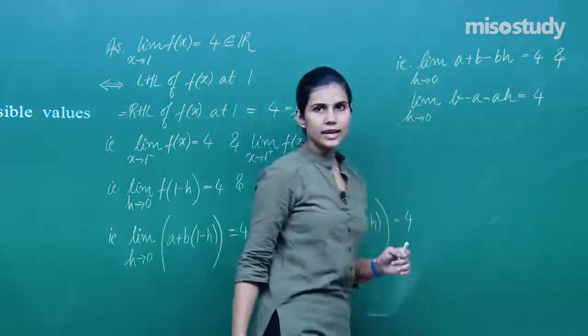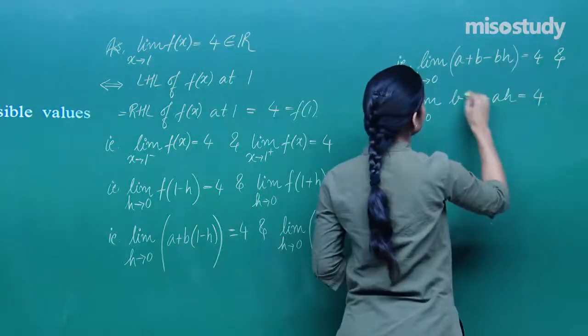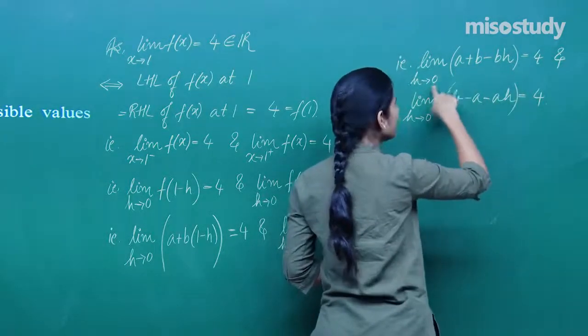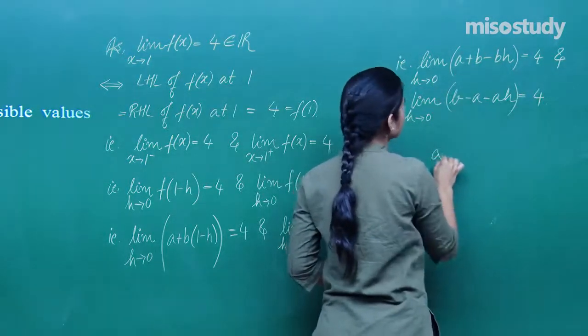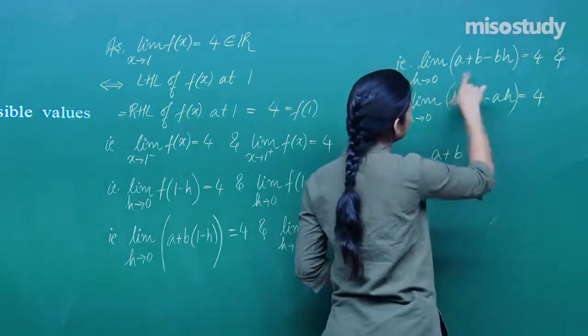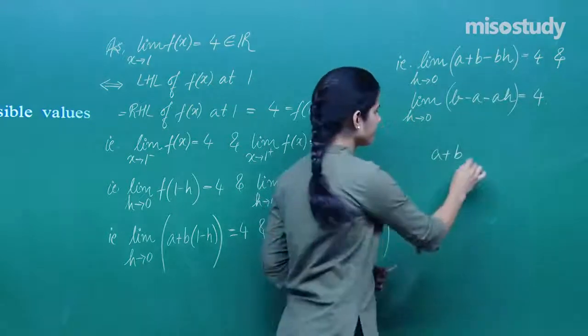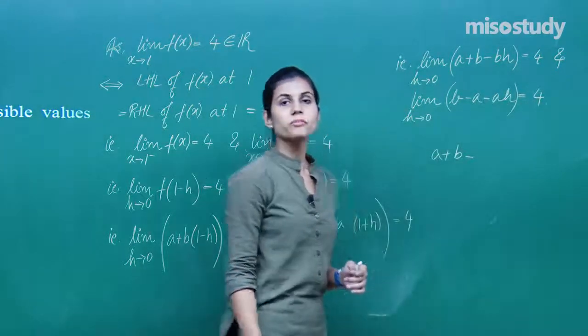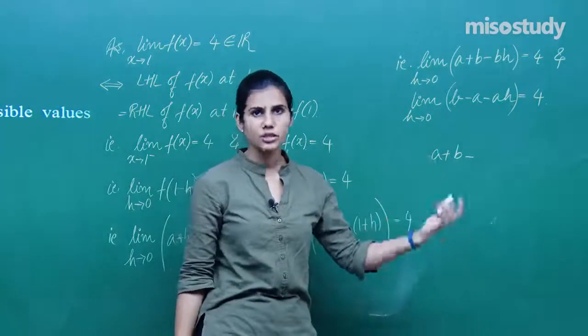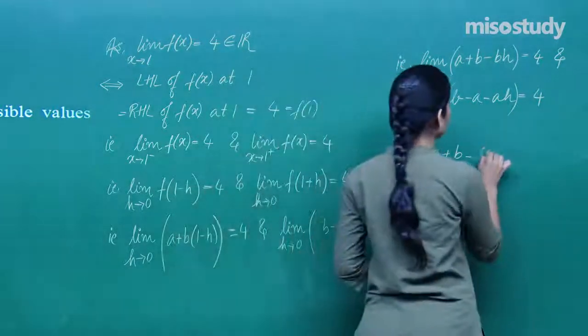Now clearly understand, the limit of the sum is the sum of the individual limits. So the limit as h tends to 0 of a plus b minus bh is the limit of a, which is a, the limit of b, which is b, and the limit of bh. The limit of bh, b is a constant, comes out, b times the limit as h tends to 0 of h, which is 0. So b into 0, which is 0.